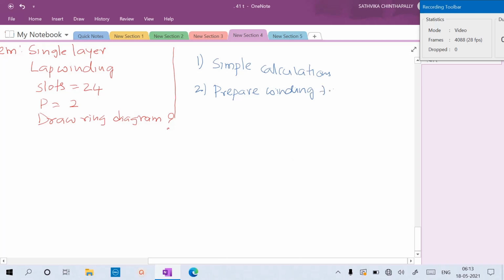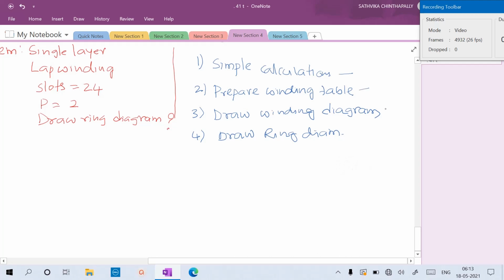Third one, draw the winding diagram. And fourth one, draw the ring diagram. These are the 4 steps you have to follow for easy construction of any winding.